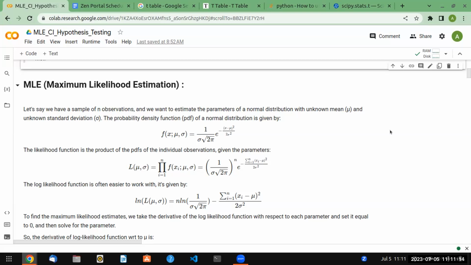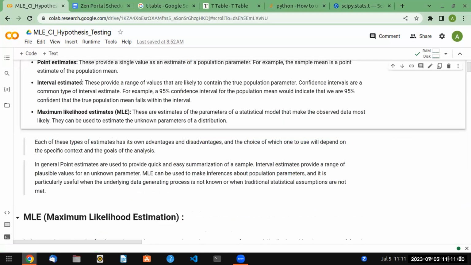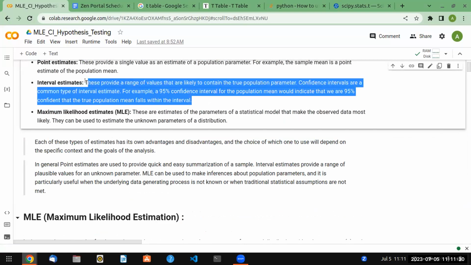No, see, MLE and interval estimations have their respective advantages and disadvantages. Both are kind of similar, you can say. But in interval estimation, your population distribution is not mandatory.